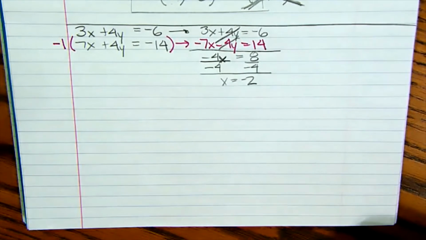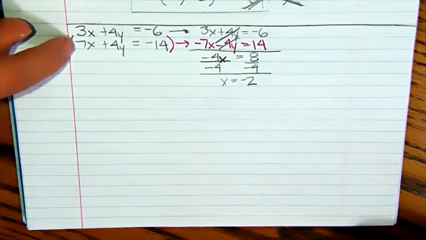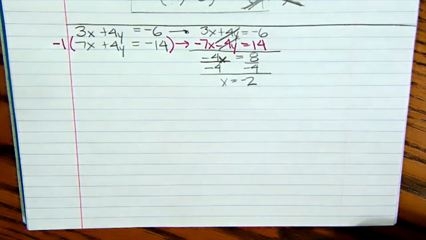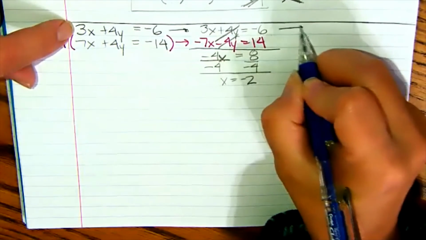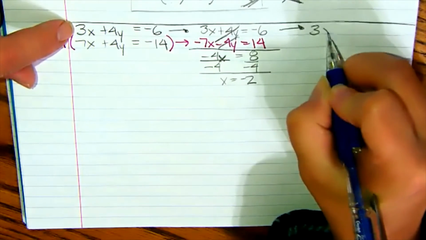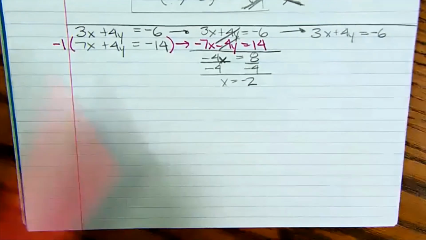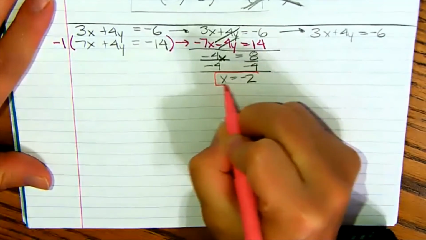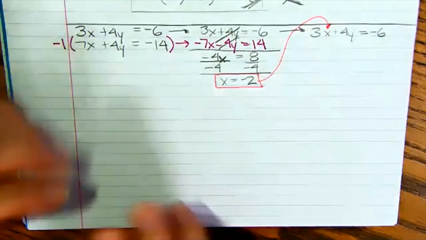Now, I'm going to go back to my original equations, this one or this one. I'm going to pick one of my equations, the easiest one to work with, and substitute. Frankly, I think this looks like it's easiest. So 3x plus 4y equals -6. And now I am going to substitute that -2 in here.